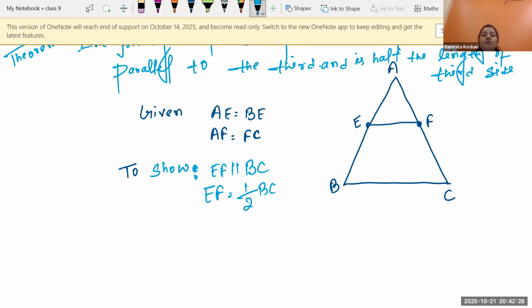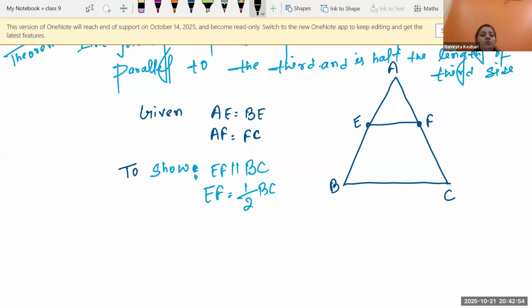Here we need to do one construction, because without construction, we cannot say that EF is parallel to BC. With the concepts you have learned so far, you will not be able to prove that these two are parallel to each other without construction. So we need to take the help of construction.